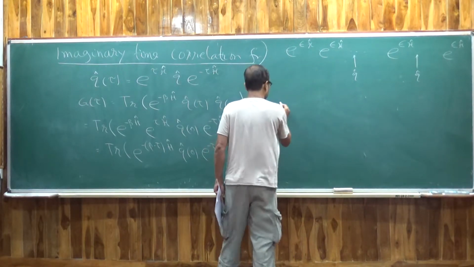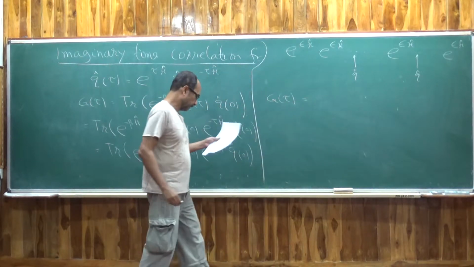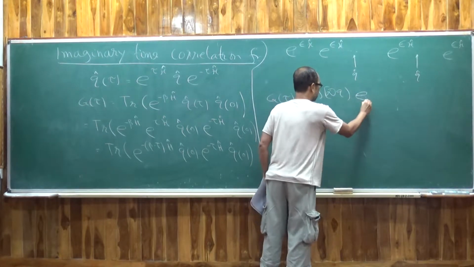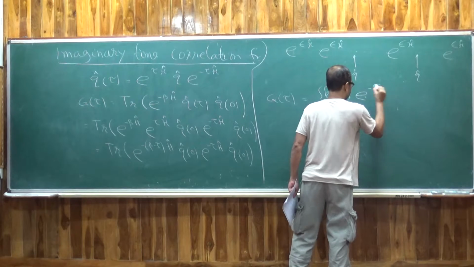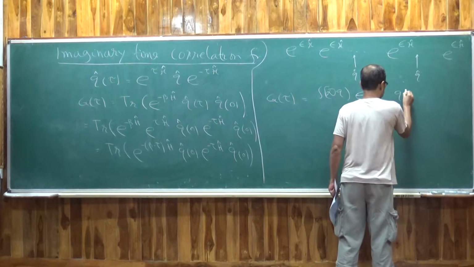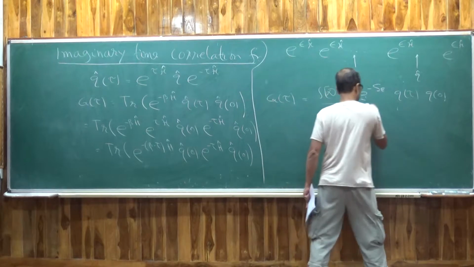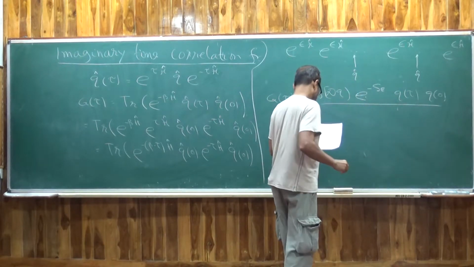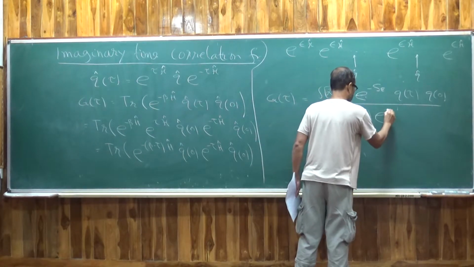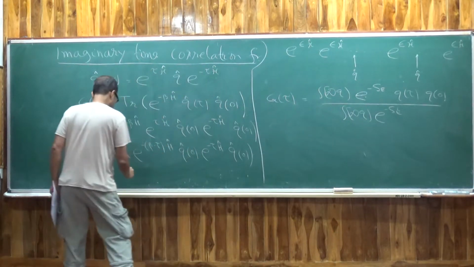So instead of going through derivation, let me write down what the expression is. So g of tau will be given by integral dq e to the minus the Euclidean action, q of tau q of 0, and I'll take tau to be between 0 and beta.